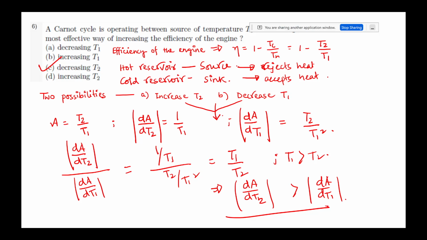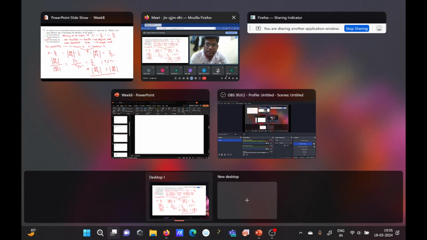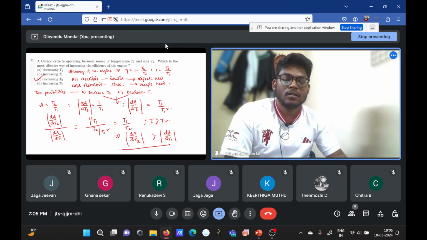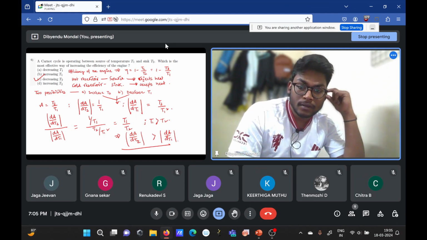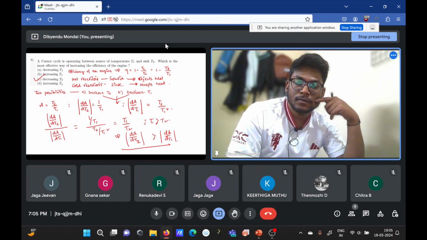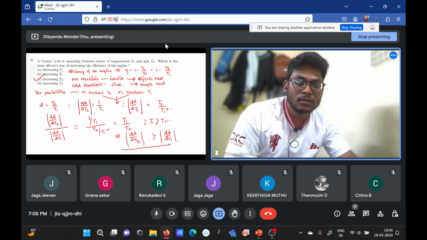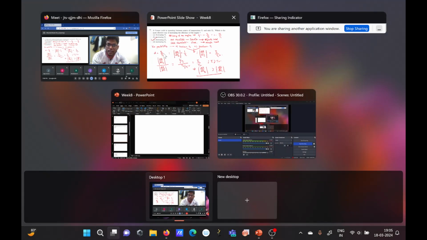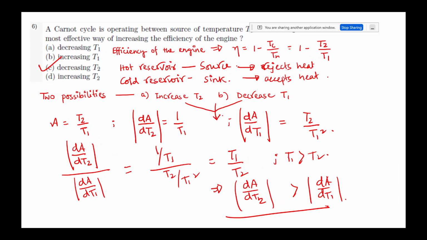Okay, I will come back to this problem, but is there any problem? Have you understood the problem? How we have solved it? So if T1 is greater than T2, then this should be greater than 1, and that's why we have written it.